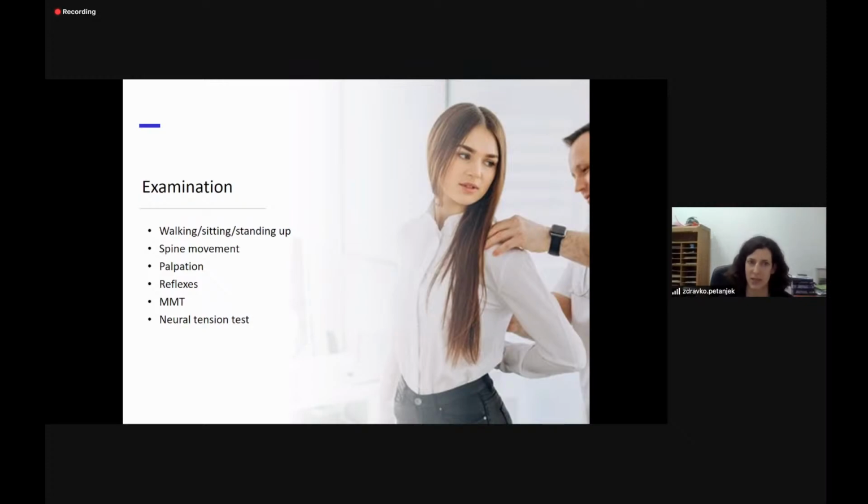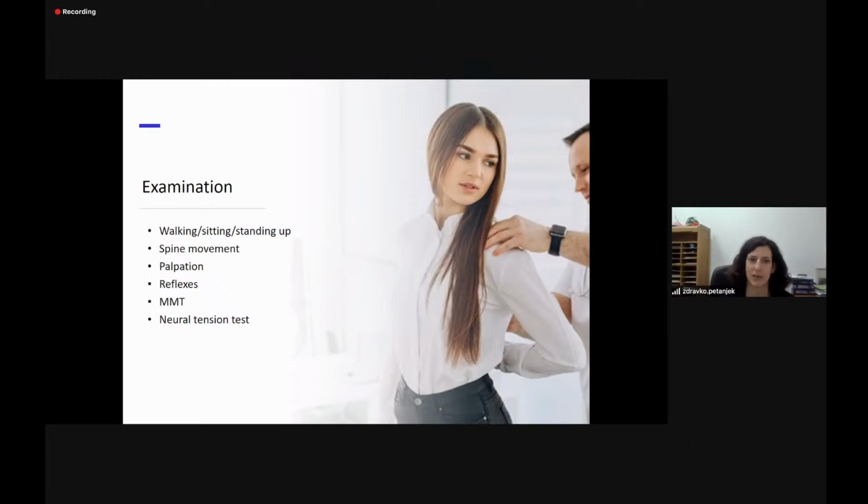Also the gluteal muscles, especially the piriformis muscle, which can compress the sciatic nerve and give symptoms. We always check the reflexes to see if they are symmetrical or asymmetrical, or if there is an absence of reflexes, and you can then define the level of the injury or the root that is affected.